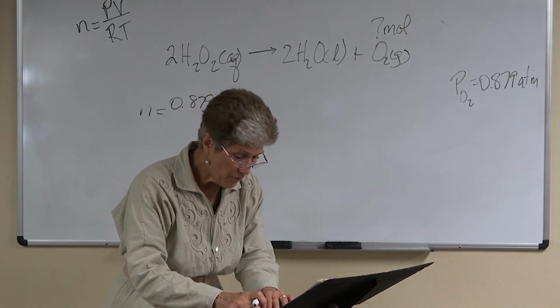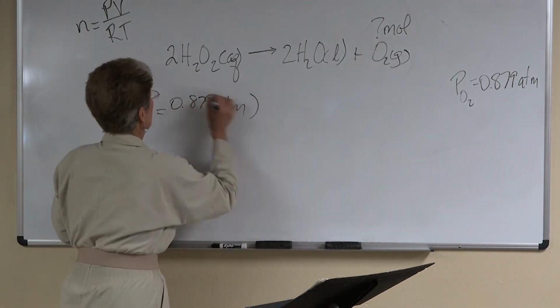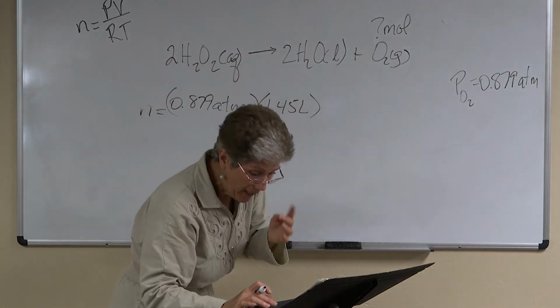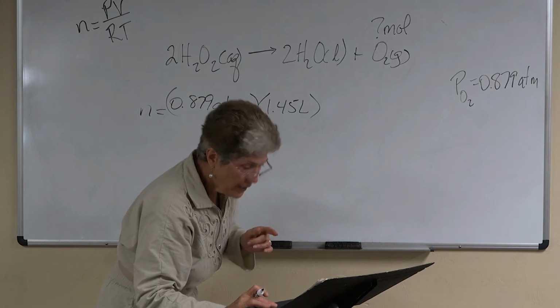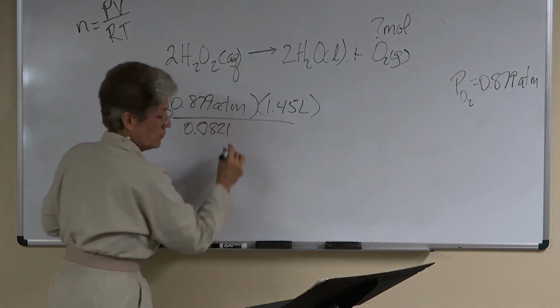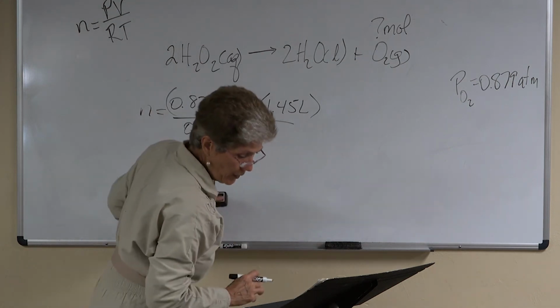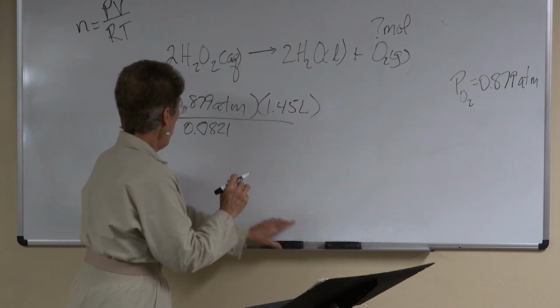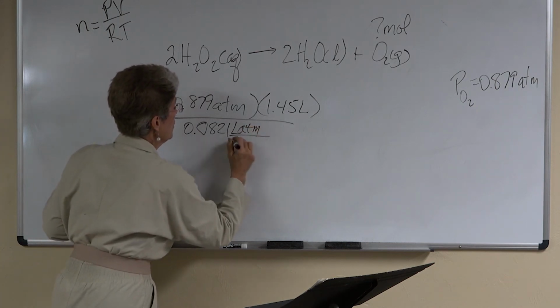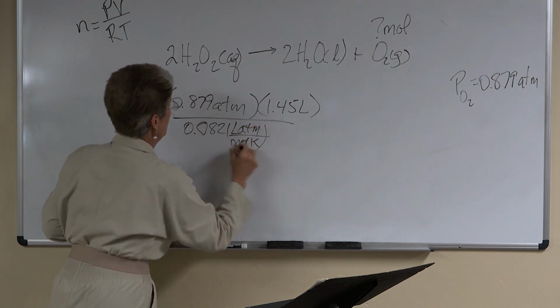And then we're given the volume as 1.45 liters. And then we're dividing by R, which is 0.0821 liter atmospheres per mole Kelvin.